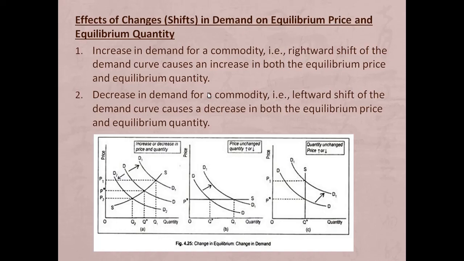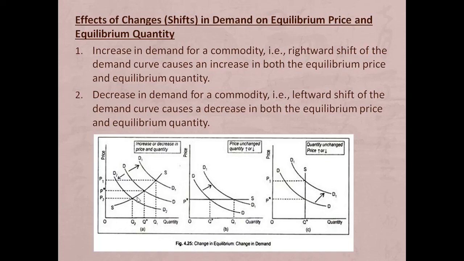of the demand curve. You can see in this picture that the demand curve is shifting towards the right hand side. Let us suppose that this is your D1, D2 and D3, so it will move towards the right hand side. Whenever we talk about a decrease in demand, it is actually referring to the leftward shift of the demand curve.